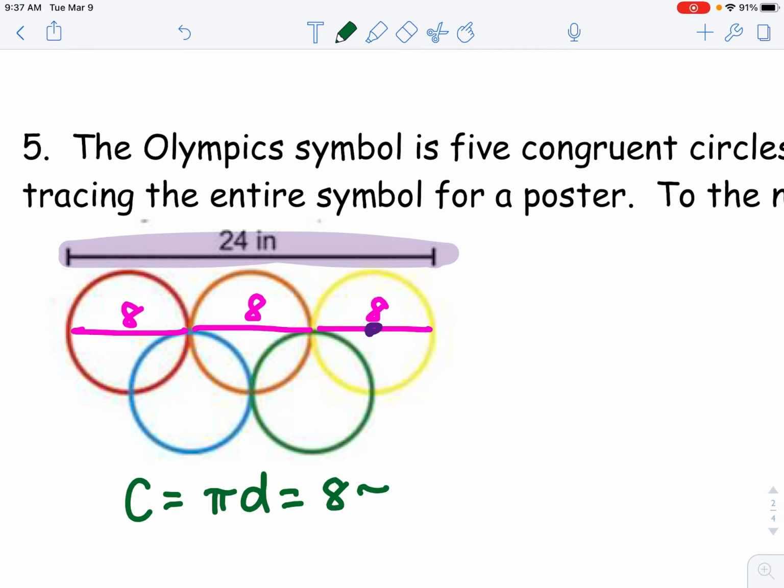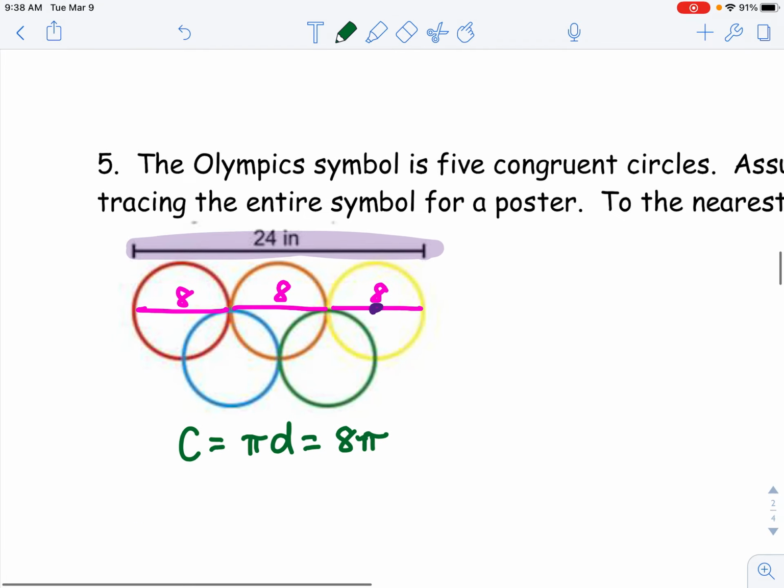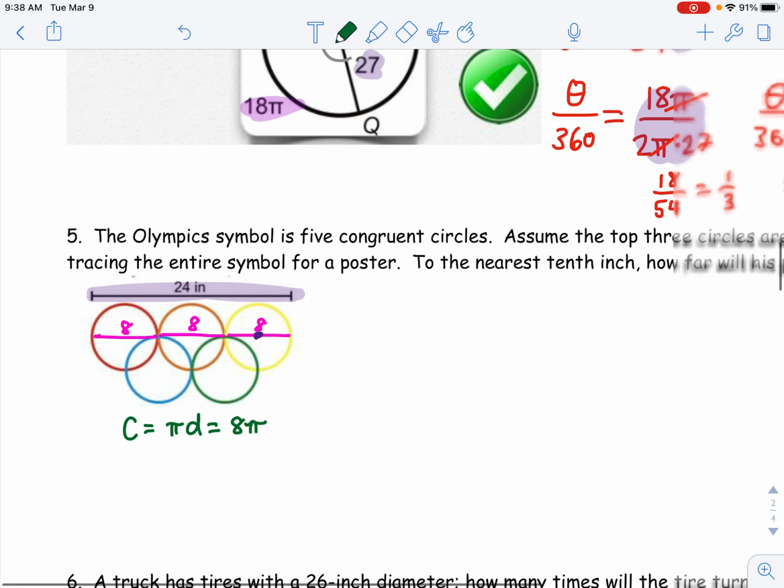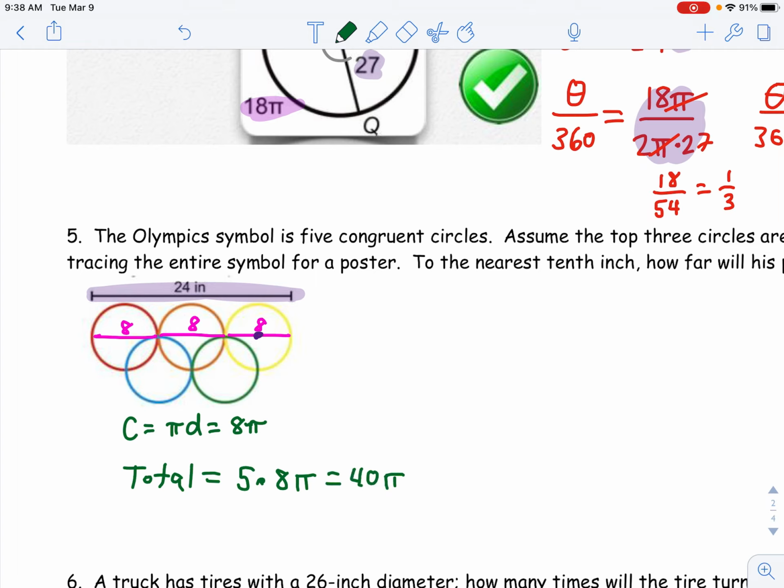Well, the diameter for just one is 8. So the circumference for one is 8 pi. That means the total is going to be 5, because there's 5 of them, times 8 pi, which is 40 pi.